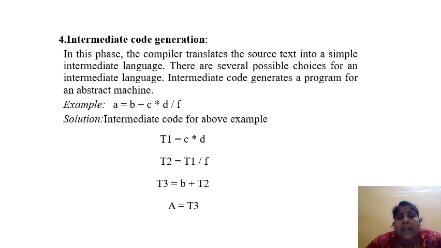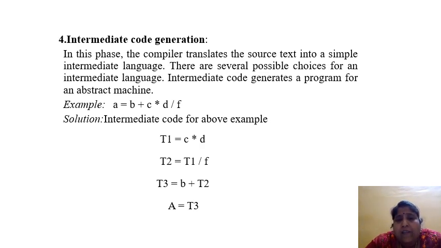Next comes the intermediate code generation. In this phase, the compiler translates source text into a simple intermediate language. There are several possible choices for the intermediate language. We can have any intermediate language for an abstract machine.